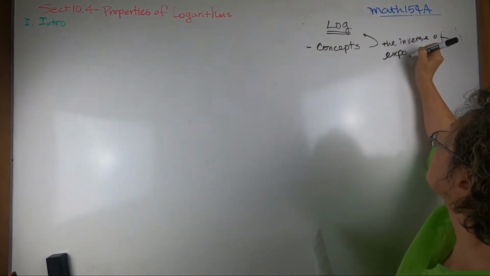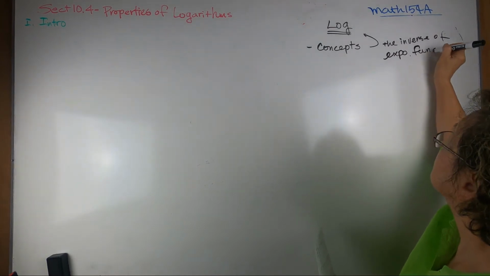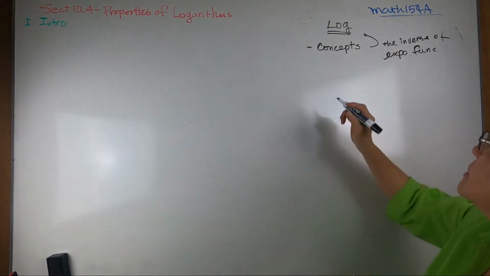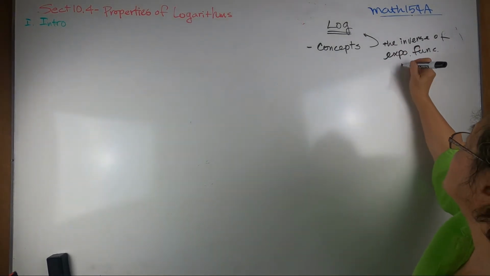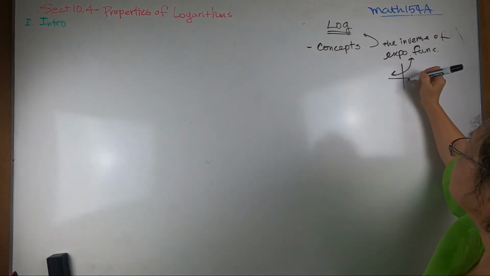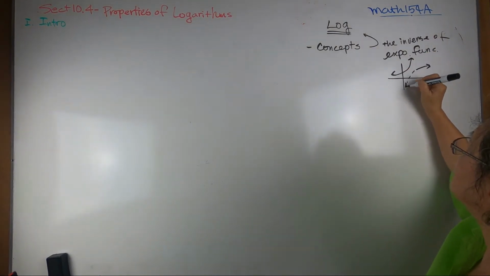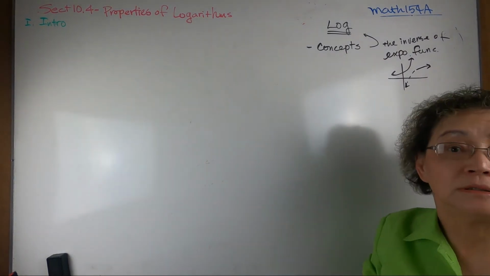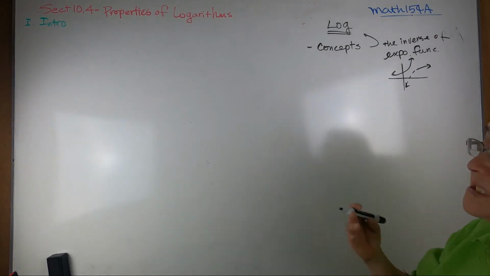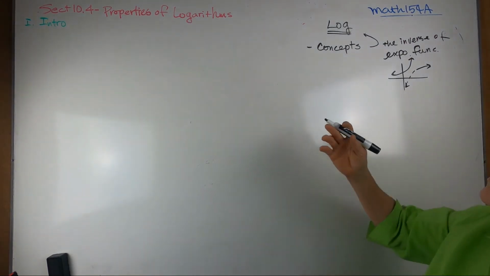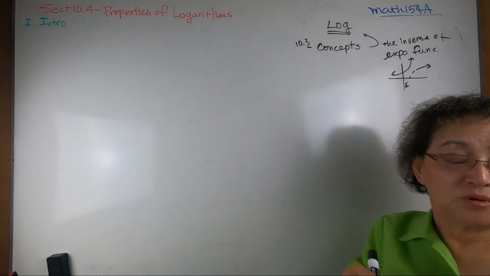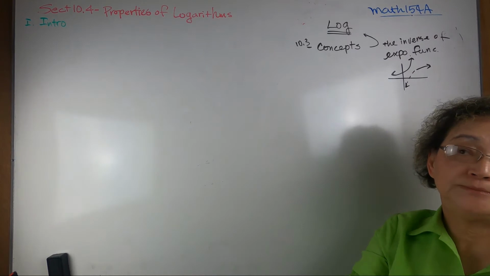The exponential function. So we have the concept. The exponential function looks like this, and the inverse, the log, in general looks like that. So we learned the basic concepts, which is the inverse of the exponential function.